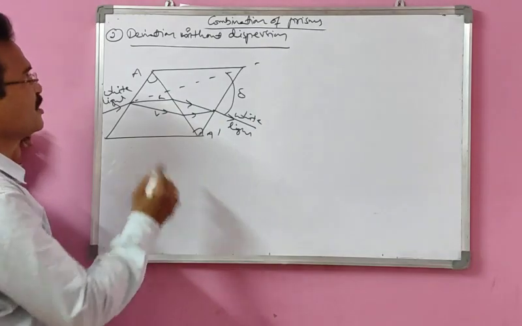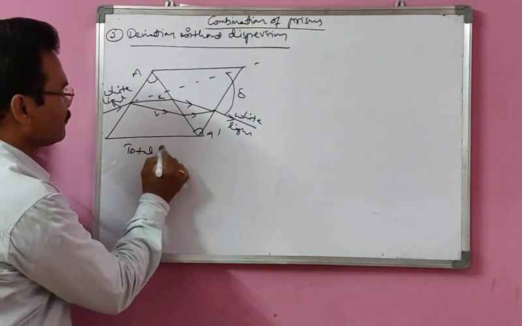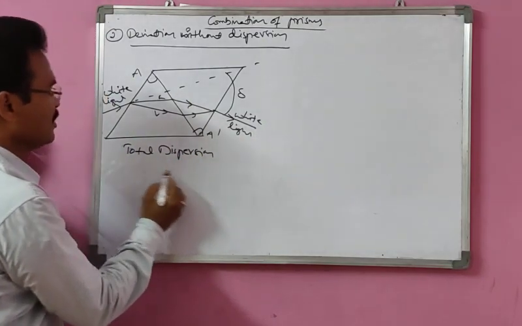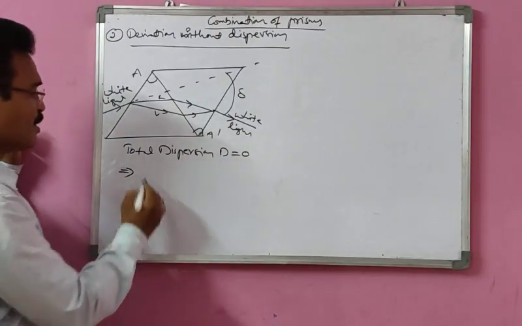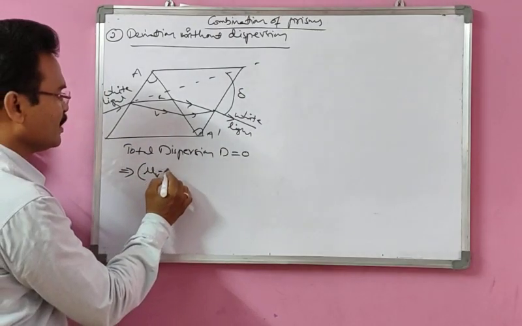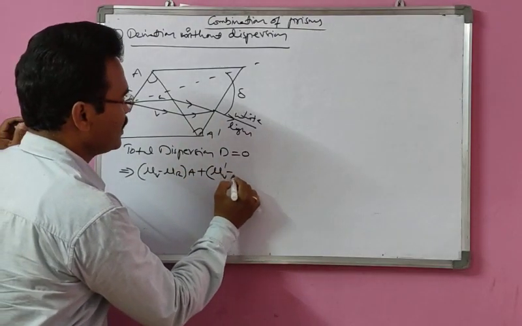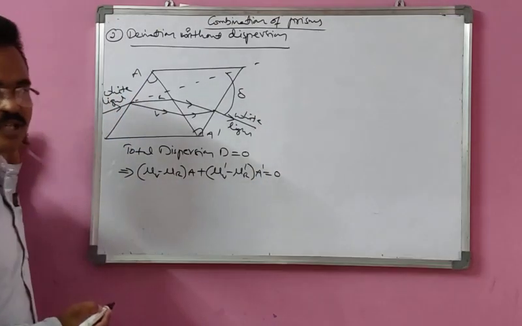So for dispersion to be zero, the total dispersion D must be equal to zero. What is the condition? Mu v minus mu r of A plus mu v dash minus mu r dash of A dash must be equal to 0.